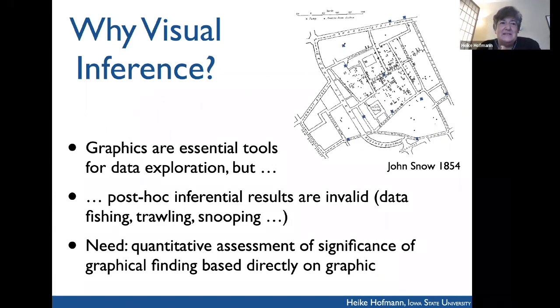And that gets into this discussion of post hoc inferential results, which are obviously not a great choice. And then a lot of people who are doing exploratory data analysis are accused of data fishing, data trawling, data snooping. I think we've all seen incidences of that.